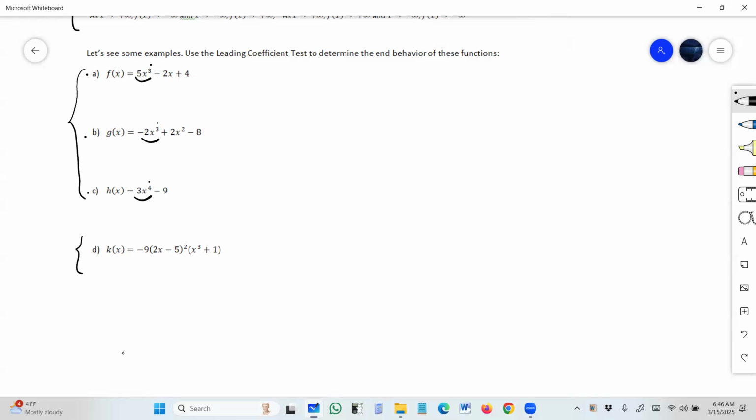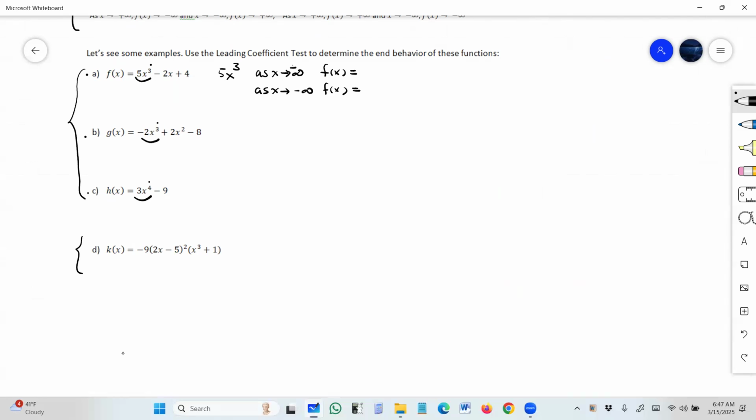And then we'll just look at the leading term, and I need to know, as x goes to positive infinity, and as x goes to negative infinity, what happens to f of x? This is what you need to know, and this is what you will do to find out.